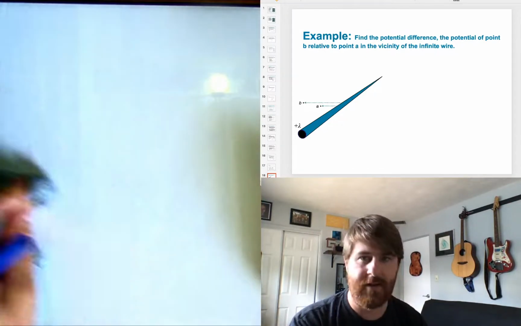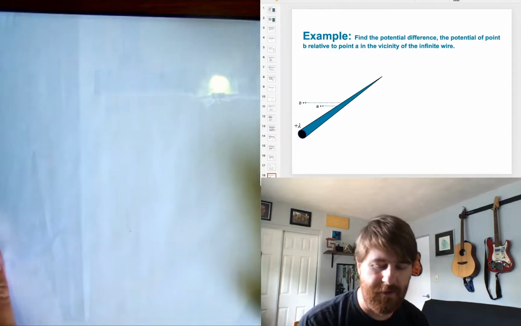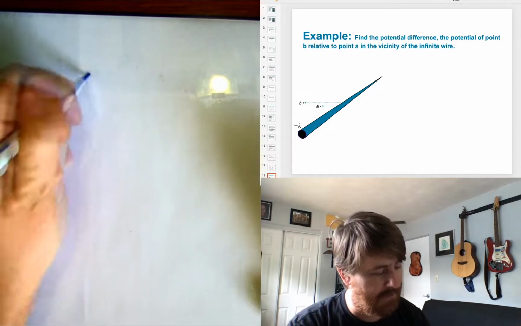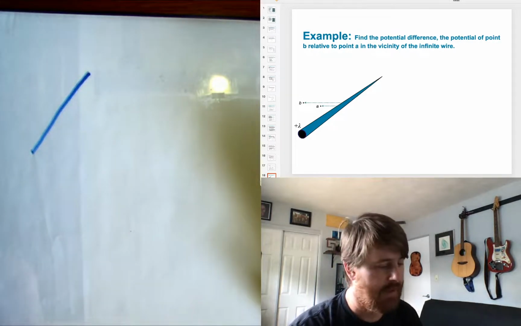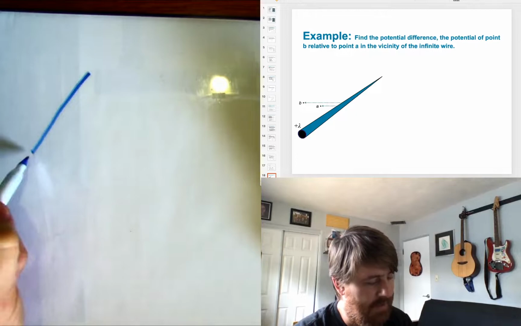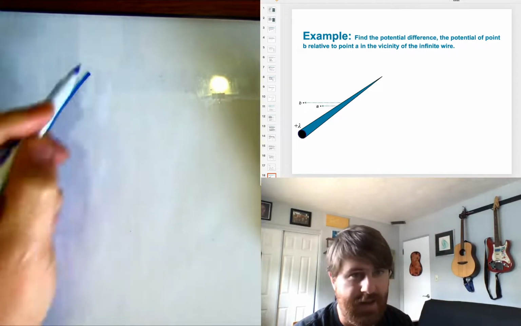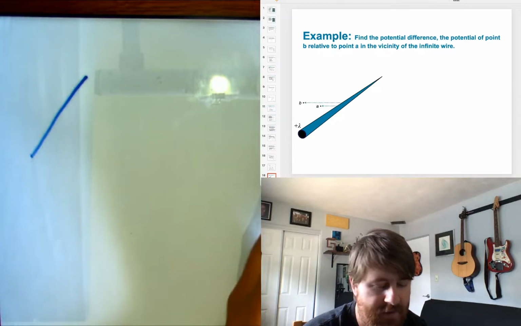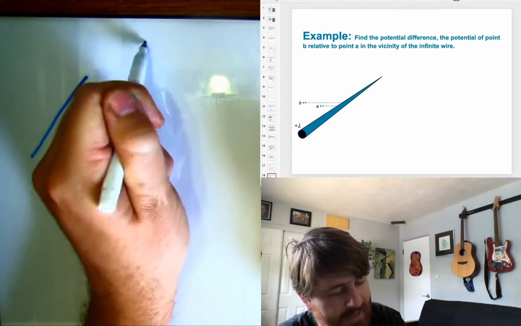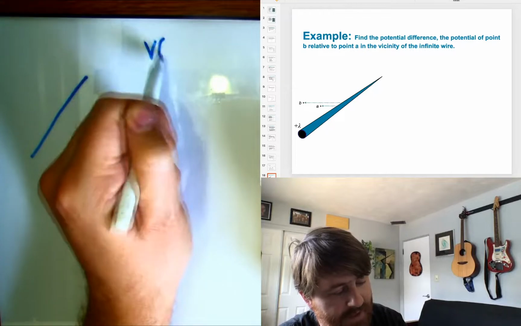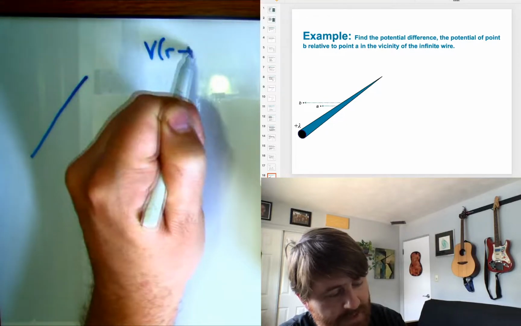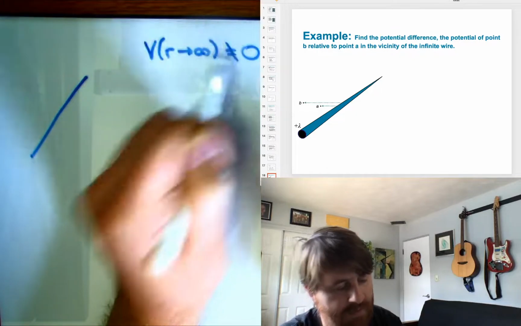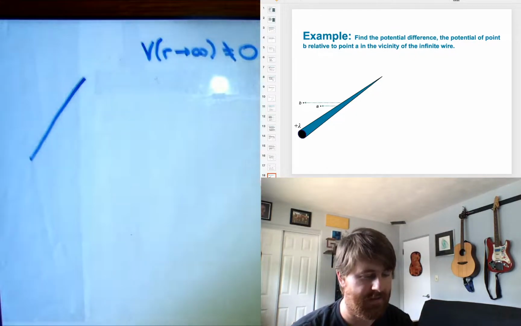So this is maybe a slightly confusing problem, because with our infinite wire here, there are points infinitely far away where we have charges. So we cannot say that the potential as r goes to infinity equals 0. No way.